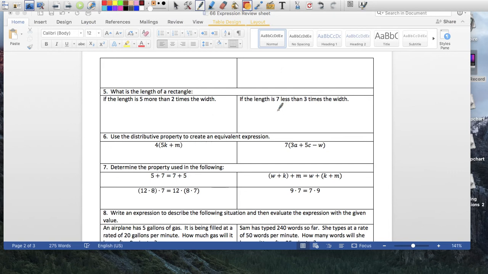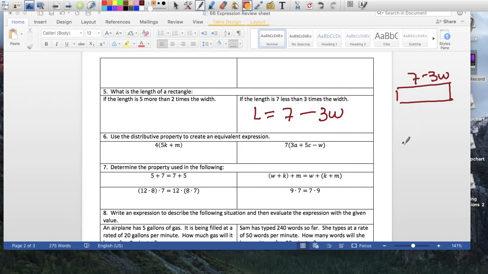Now the length here is 7 less, which means subtraction, and 3 times the width. Okay, so we have a rectangle here, and the length is 7 minus 3 times the width.